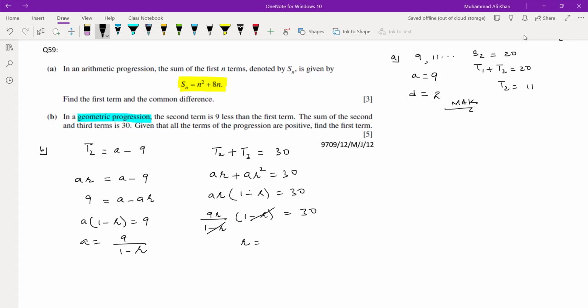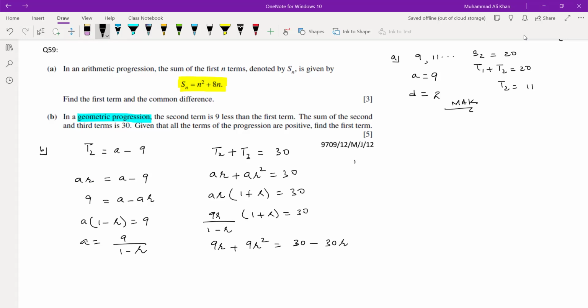Here it is. Yes, this is plus r. Wait, this is plus r. So now, look, when the value is put in place of a, 9r over 1 minus r, here it is 1 plus r equals 30. Now multiply 9r into the bracket, what do we get? 9r into r is 9r squared equals, cross multiplying, 30 minus 30r.